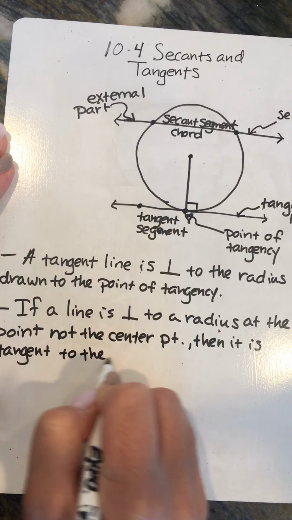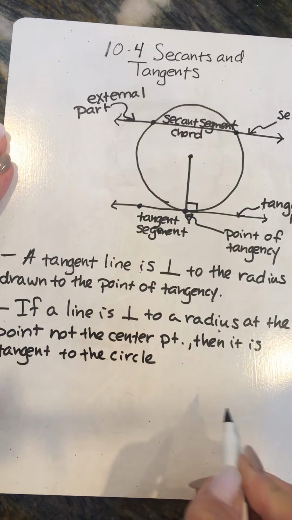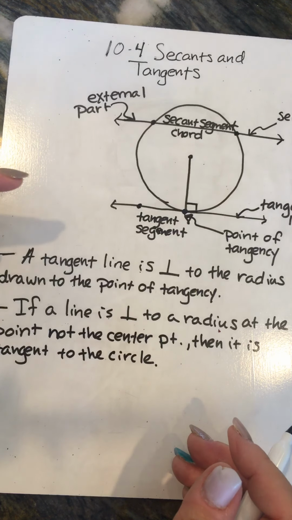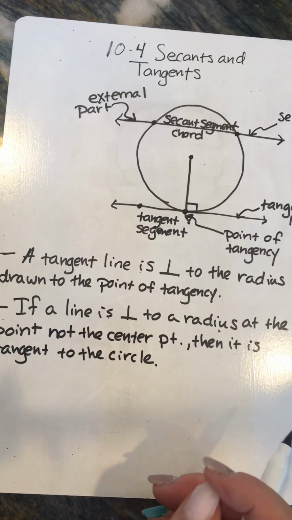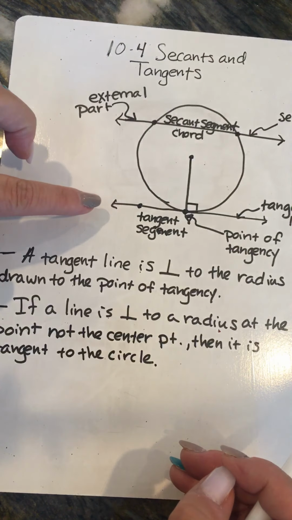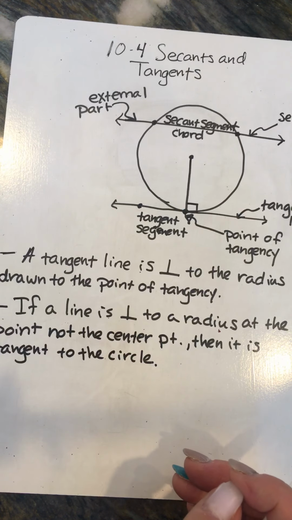So if you can remember, radius touching point of tangency, perpendicular. Okay, or radius is perpendicular to a line, that's the point of tangency.